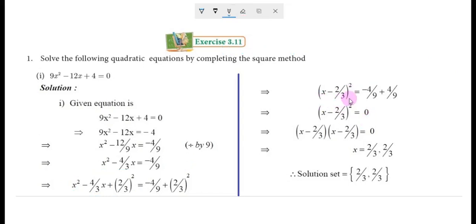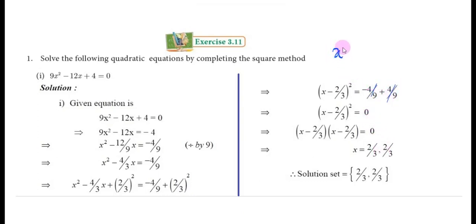So we get x minus 2 by 3 the whole square equal to minus 4 by 9 plus 2 by 3 the whole square, means this is 2 square value 4 and 3 square value 9. So minus 4 by 9 plus 4 by 9 will be cancelled, so the next step will be 0.